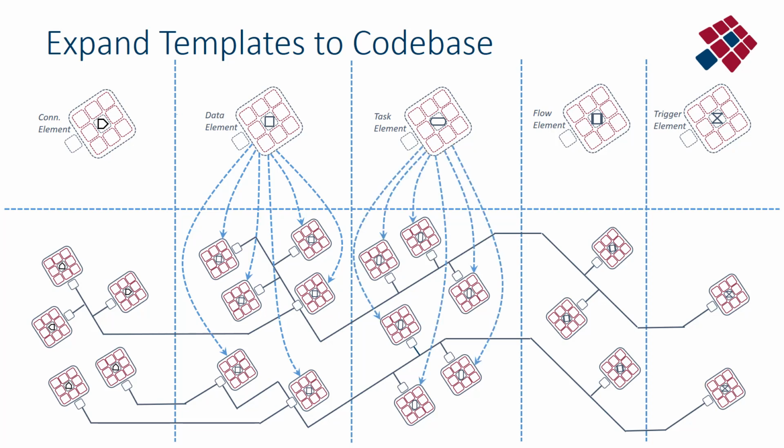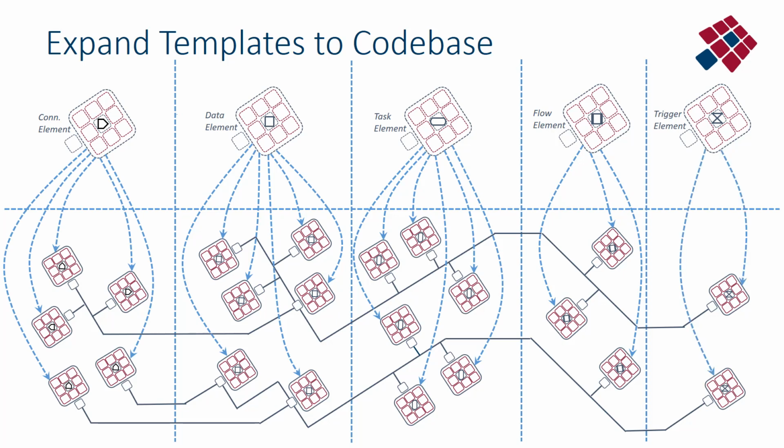The task element set of template classes would be instantiated to task templates corresponding to the total number of task entities, and the same for flow element template classes, connector element template classes, and trigger element template classes. So this is the second point of view, the second dimension.